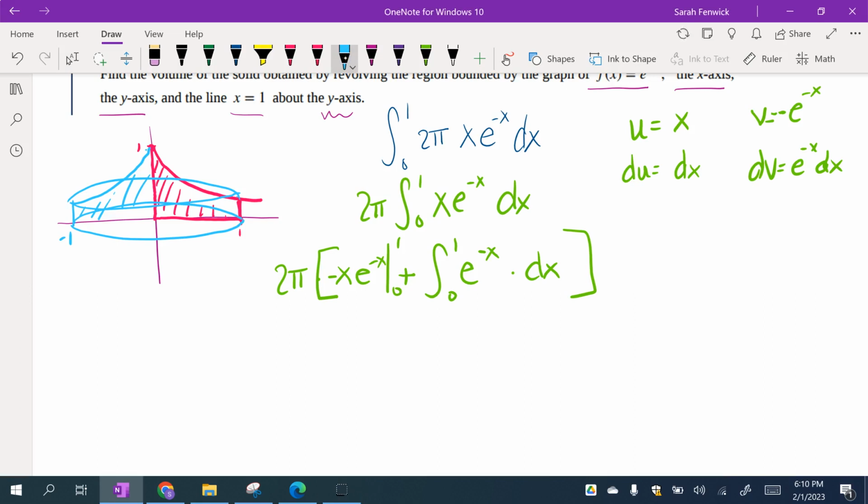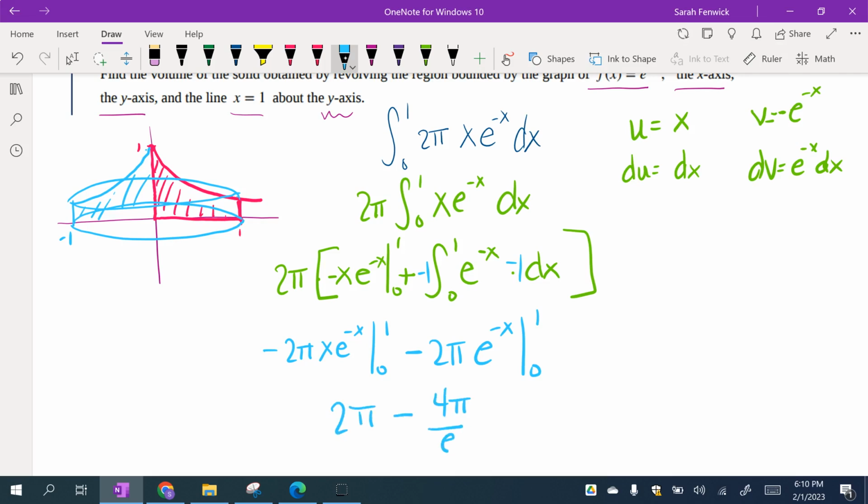From here, we end up with negative 2 pi x e to the negative x from 0 to 1, minus, because we end up with a negative 1 here, 2 pi e to the negative x from 0 to 1. And that gives us 2 pi minus 4 pi over e. And we would end up with approximately 1.6603 as our calculated volume.